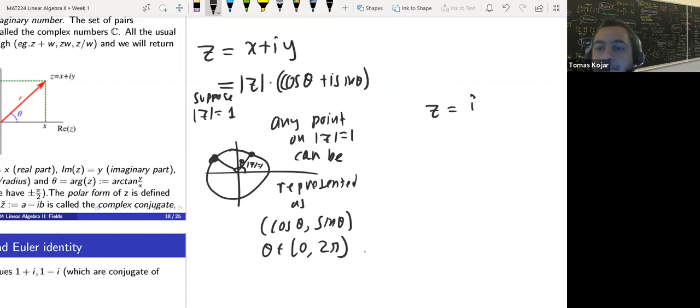Just as a silly example, take z to be i. Then pictorially, this is this guy over here, that has 90 degrees. So this is i. Let's find the polar form of i.